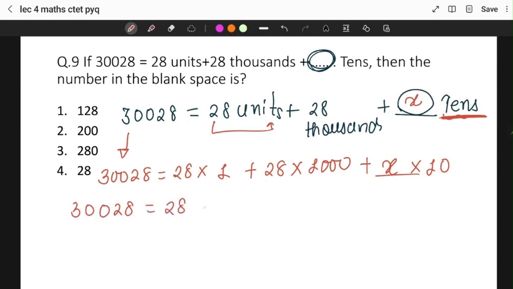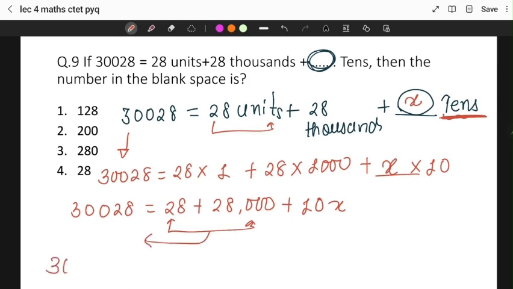So here the answer will be 28 plus 28,000, that is 3 zeros, plus 10x. I'll write this as 10x. So this summation will be 28,028. I'll take it on this side. When I take this on this side, this will get into minus, that is 30,028 minus 28,028 is equal to 10x.